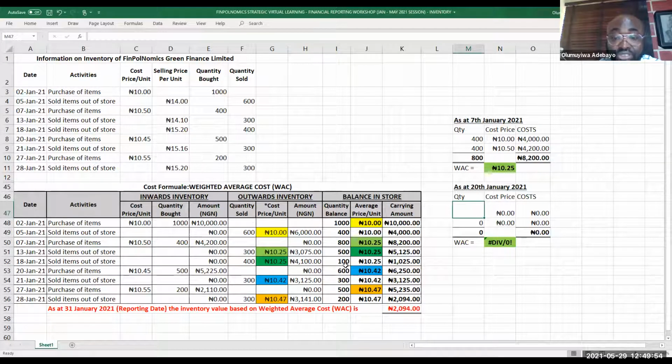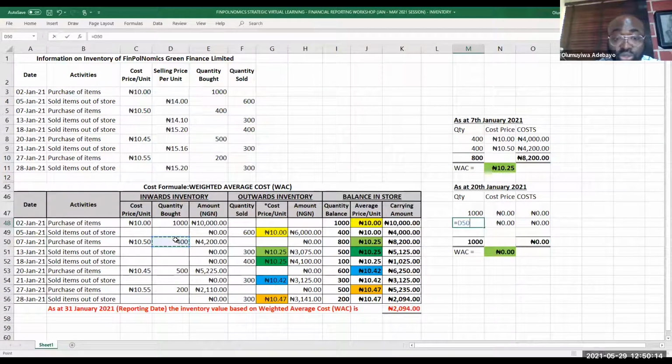And the amount I've sold, as at the time I sold those amounts, what was the cost price? I'll show you now. I want to do it in a simpler version for you. Let me just pick this quantity so that it won't look complicated for you. What are their prices?